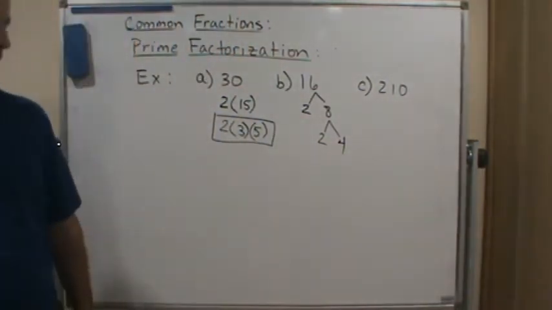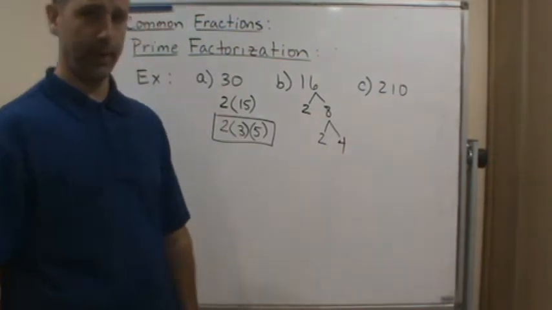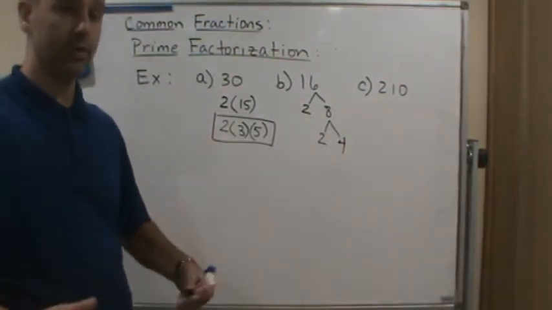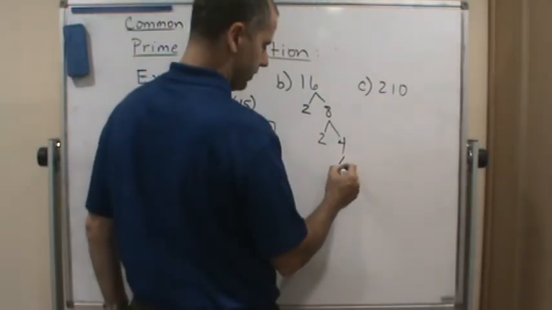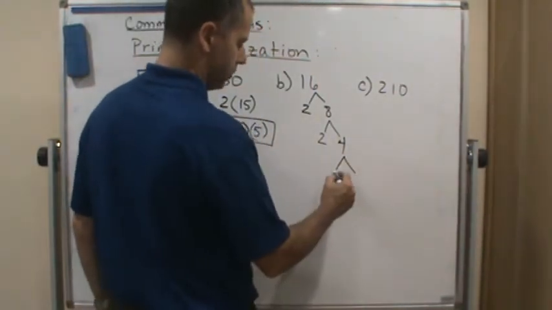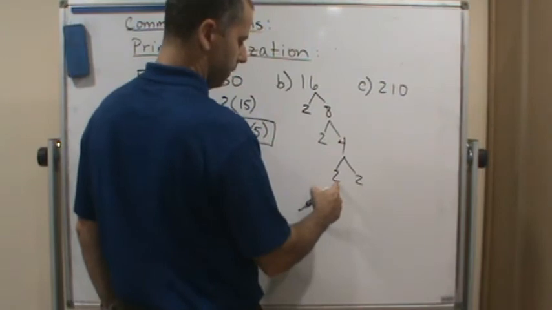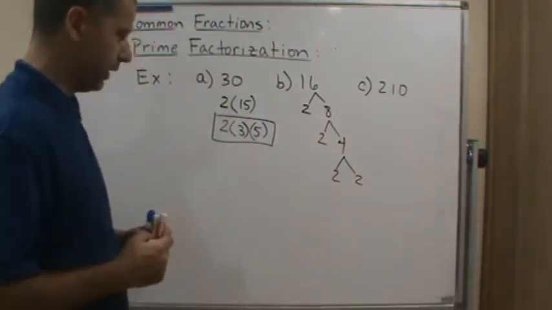Right? And so then I look at the 4. Is 4 divisible by 2? Right? We want to use the prime number until we can't anymore. And the answer is yes. What is it split up into? 2 times 2. Well, these are both prime numbers. So guess what?